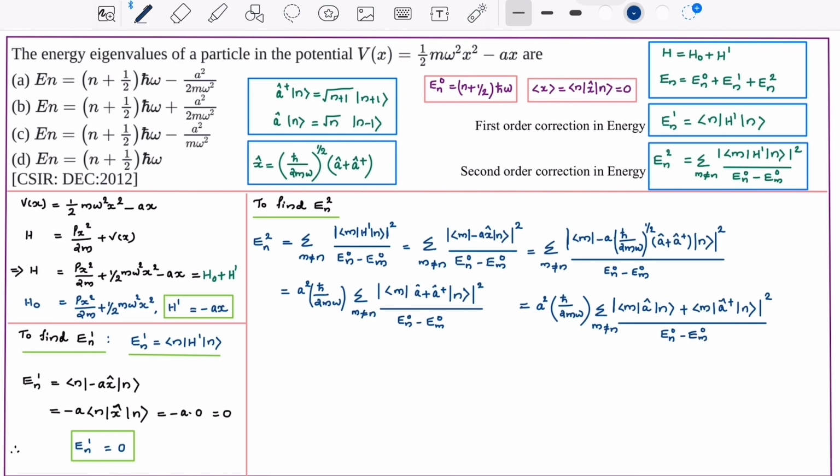We have just expanded the terms inside the summation.